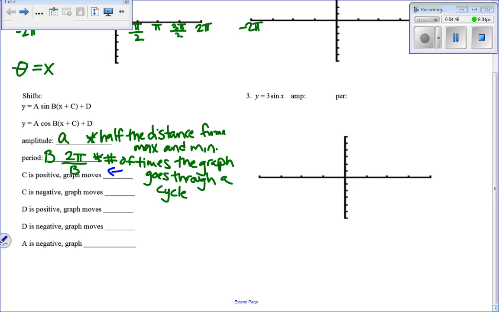And if it's x minus C, it's moving to the right. This is your phase shift. And D is related to, you can think of your K values from your transformations last year. Your K value was your vertical shift. So your D now is if it's positive, it moves up. If it's negative, it moves down.